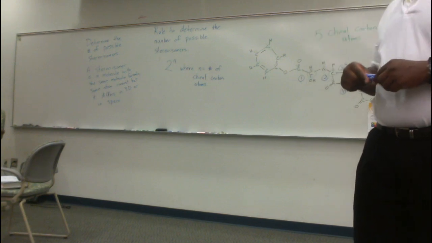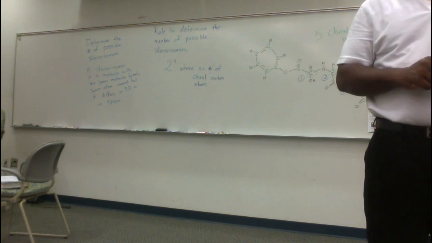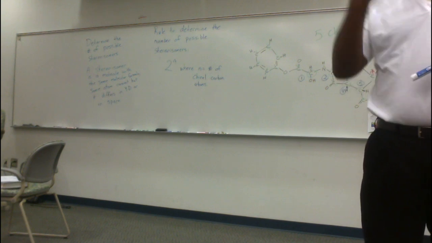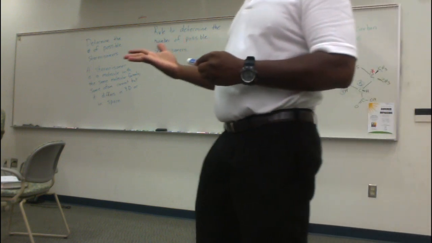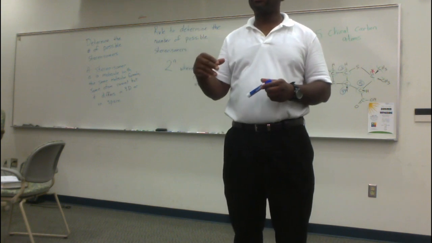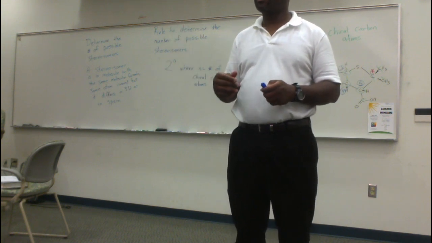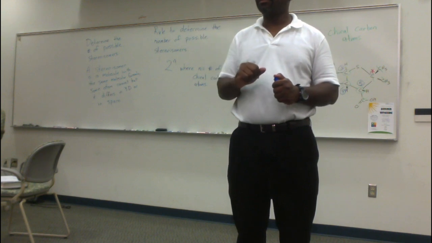If I had 1 chiral carbon atom, how many possible stereoisomers would I come up with? 2. If I have 2 chiral carbon atoms, I would have 4. 3 chiral carbon atoms, 8. 4, 16.